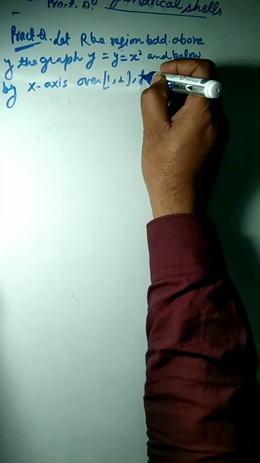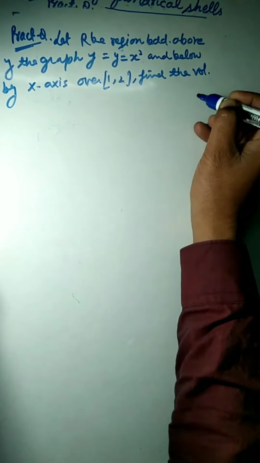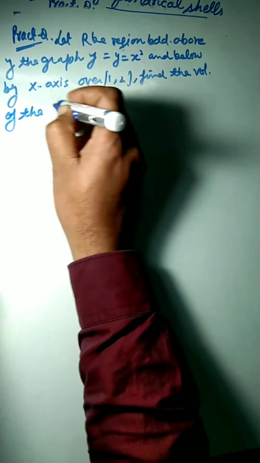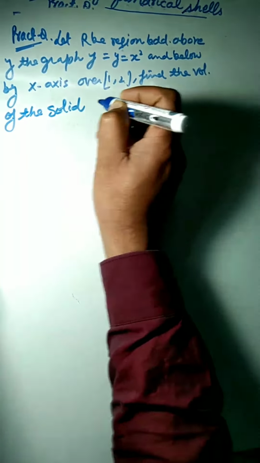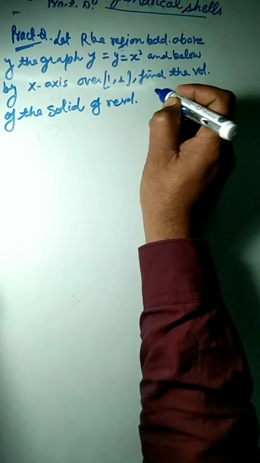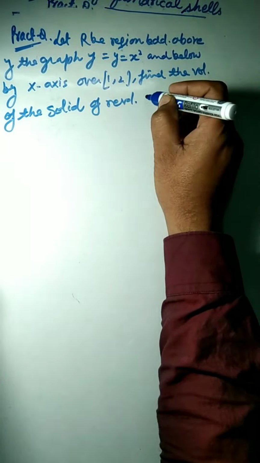Find the volume of the solid of revolution formed by revolving region R about the y-axis.